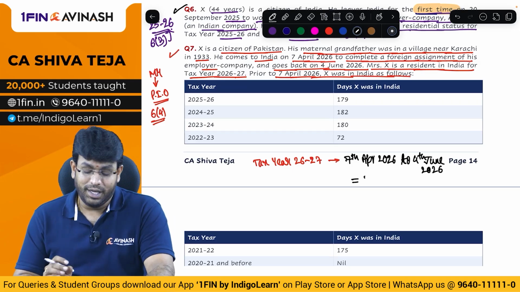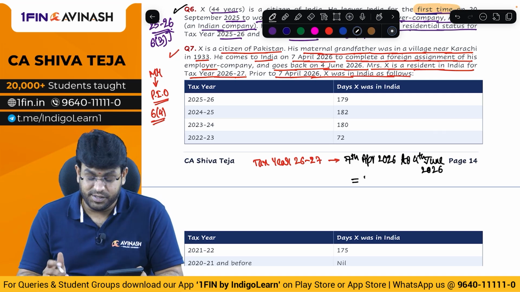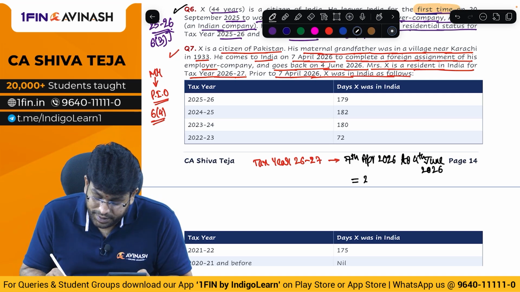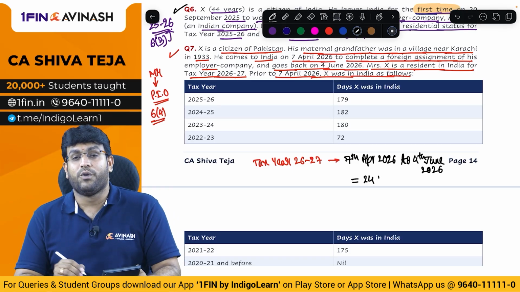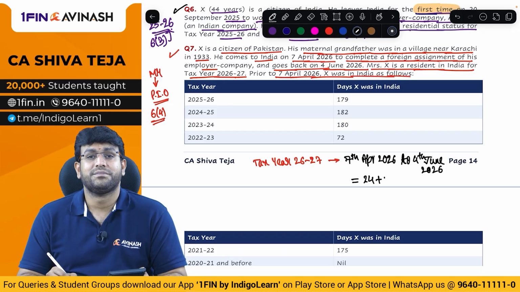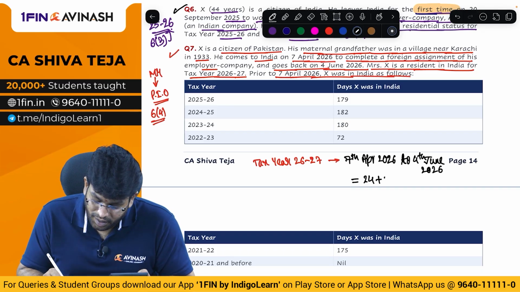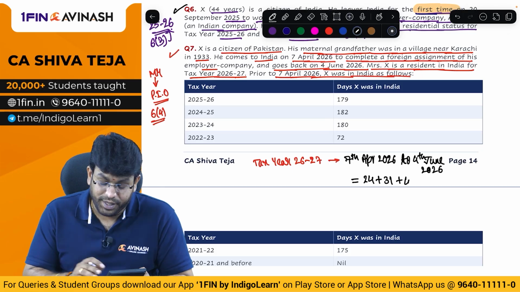For that period, he is in India. 7th April 2026. April, how many days we have totally? April, we have 30 days. So 24 days in April, because day of coming, day of going is always included. 24 days in April, correct, no? 24 days in April, 31 days in May, and 4 days in June.